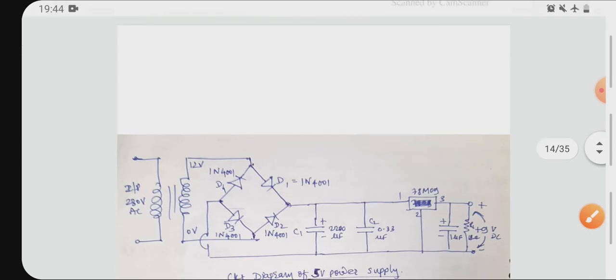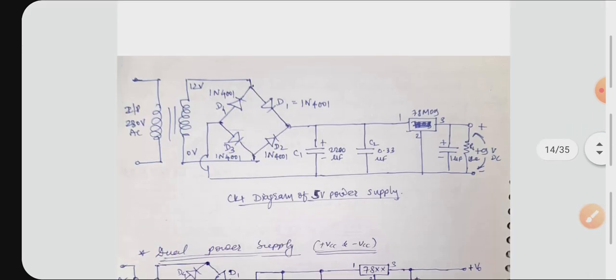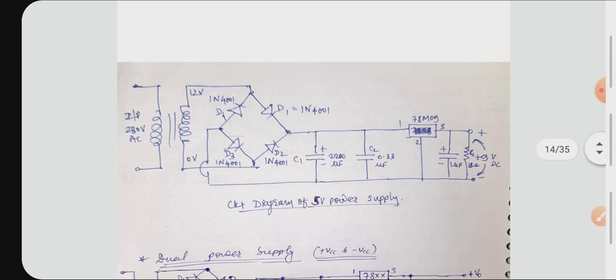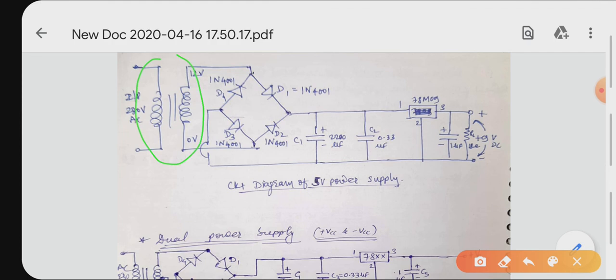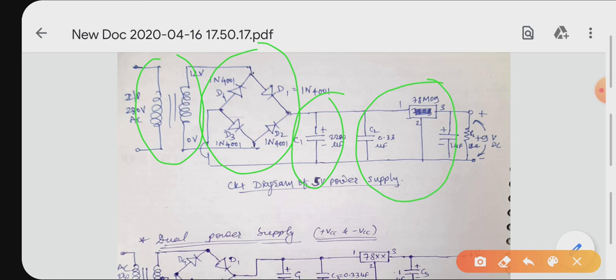And lastly, the complete circuit diagram. As it is a bridge rectifier, no center tap transformer is required, so transformer, then bridge rectifier, then capacitor filter, and this regulator IC 78M09 with two capacitors, fixed values, 0.33 microfarad at the input side and 1 microfarad at the output side.